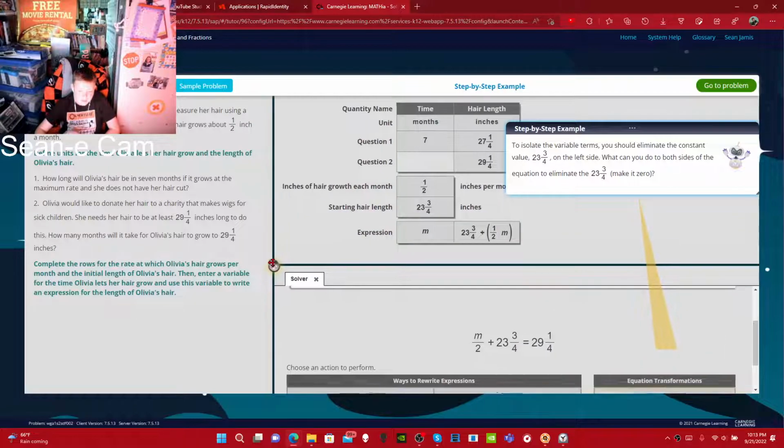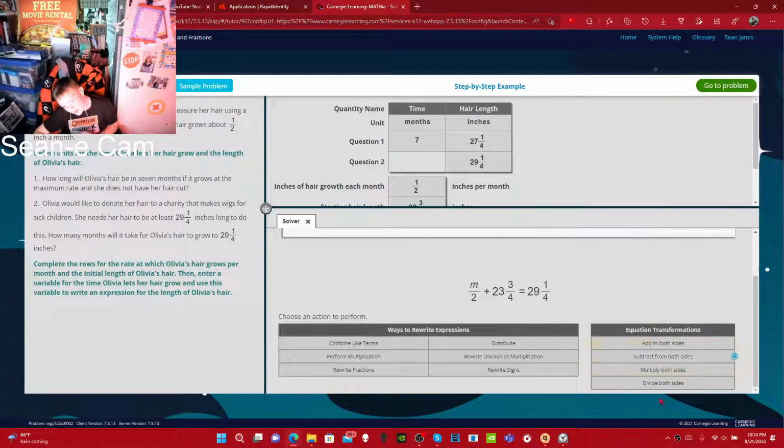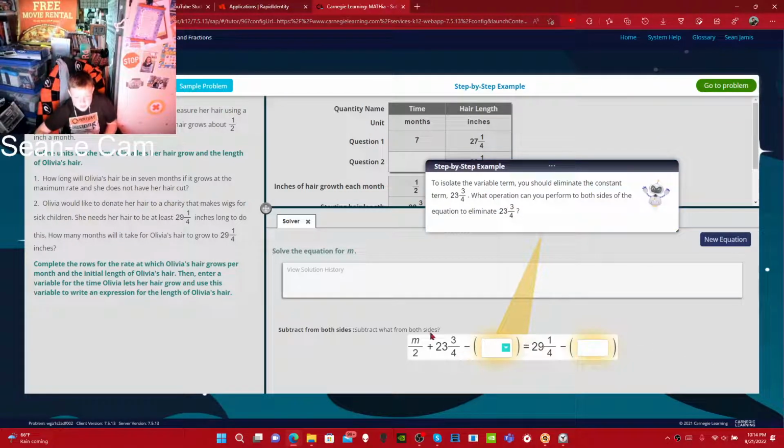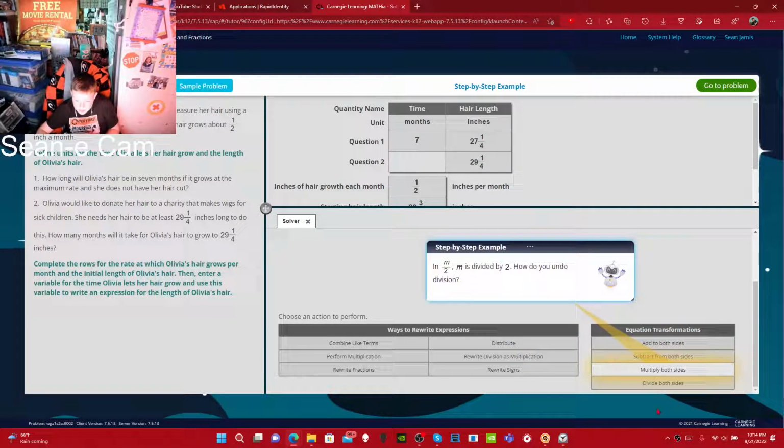Alright, I'm scared. Okay. To isolate the variable term, you should eliminate the constant value 23 3/4 on the left side. What can you do to both sides of the equation to eliminate the 23 3/4? Subtract. No, you essentially just do this here, so 23 3/4. Then we multiply.